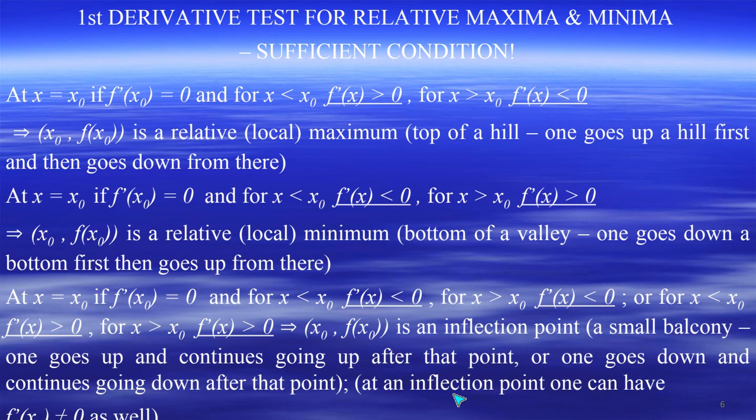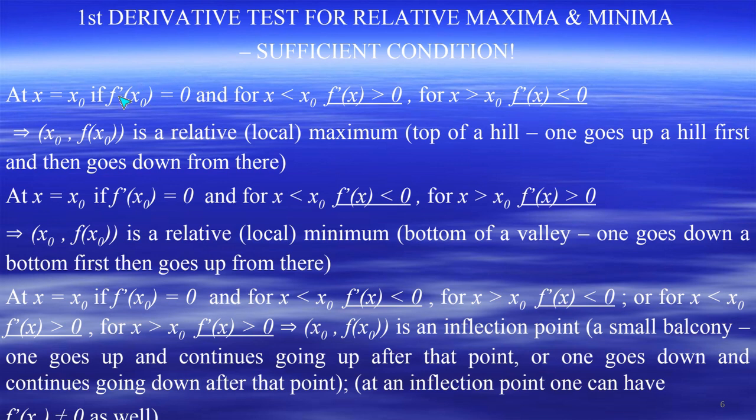I underline it. All right. So, at x equals x0, if f prime x0 is 0, it's a stationary point, a candidate. The movement stops for a moment, and the tangent line to the function at x0 is parallel to the x-axis, the horizontal line.